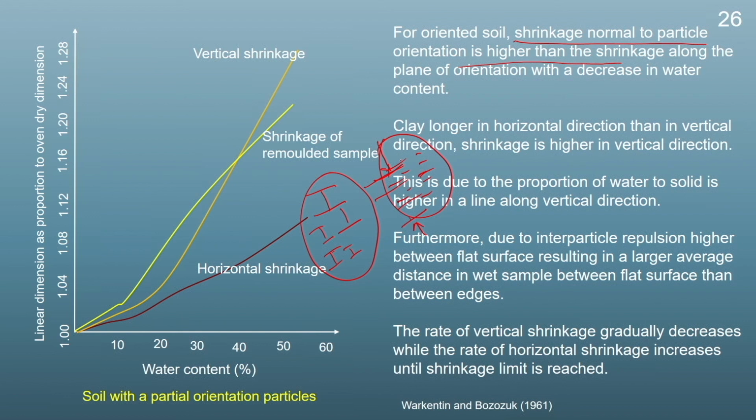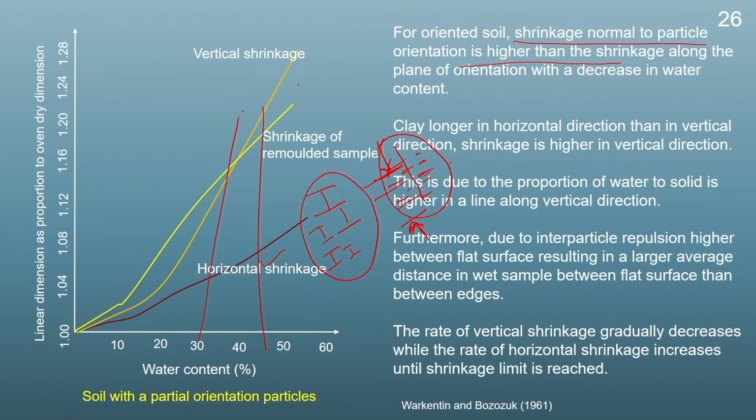So for a dispersed structure, the vertical shrinkage, that means shrinkage in this direction, will be higher in comparison to shrinkage in the horizontal direction. Here we can see a plot for soil with partially oriented particles. The vertical shrinkage is more than the horizontal shrinkage at any water content. This is because the proportion of water to solid is higher along the vertical direction.